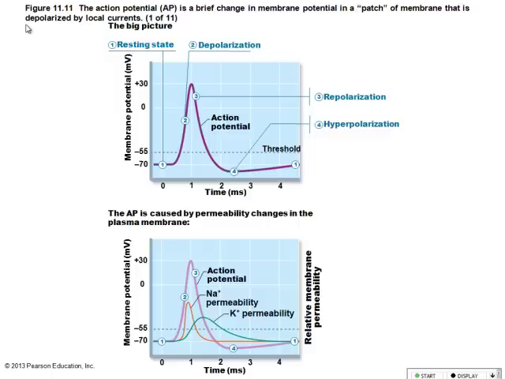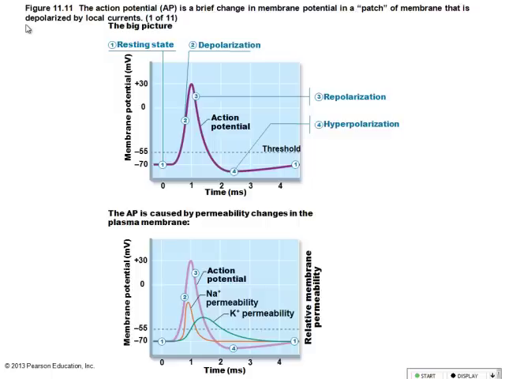And when we look at any given neuron, there's a certain area where that change in charge has to reach. And it's right at the beginning of the cell body meeting the axon. That area is called the axon hillock. And this change in charge has to reach that point in order for this whole action potential to take place.